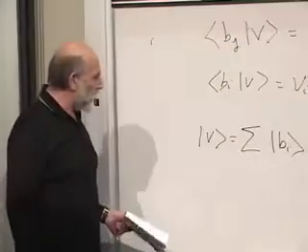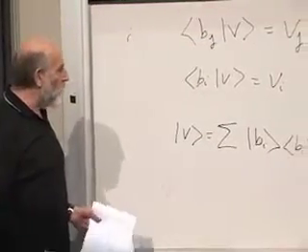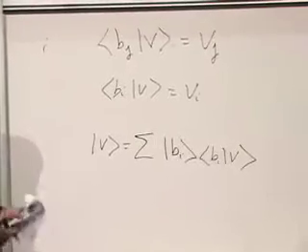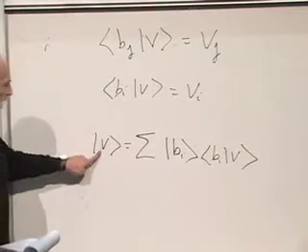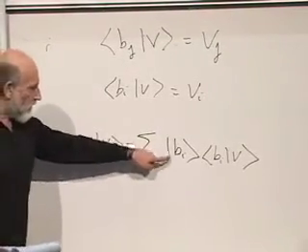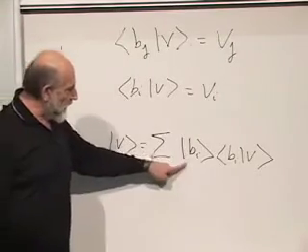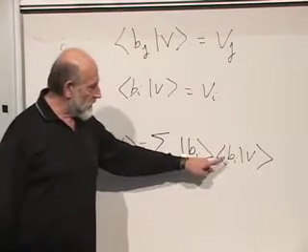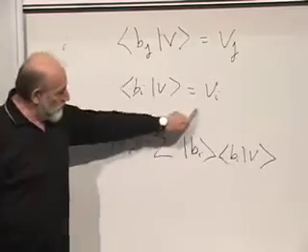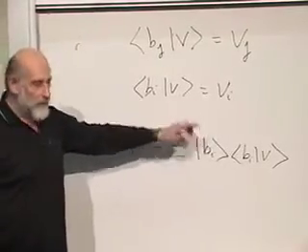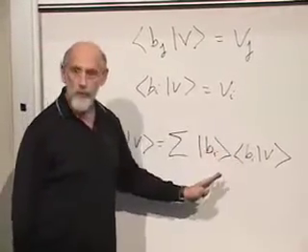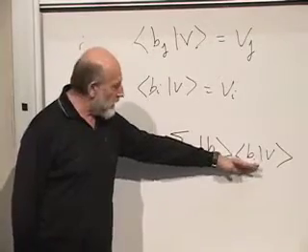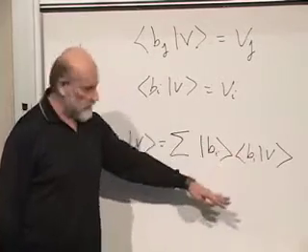That's a kind of neat formula. That formula will come up over and over again, sort of easy to remember. v is the sum over all the basis vectors of the ith basis vector times the inner product of bi with v. And I choose to write it in this form because later on, when we find out what an outer product of two vectors is, we'll discover that this has some nice significance.